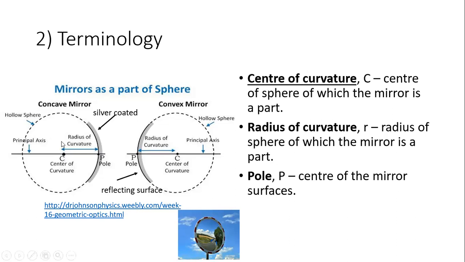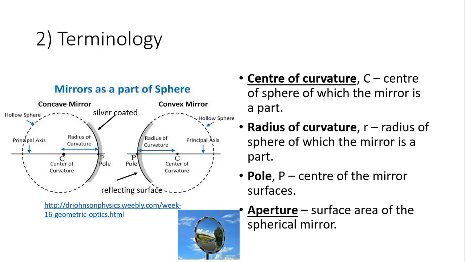Pole, P, is just a point on the principal axis, the center of the mirror surface. Aperture: this whole thing is called the aperture, the surface area of the spherical mirror.